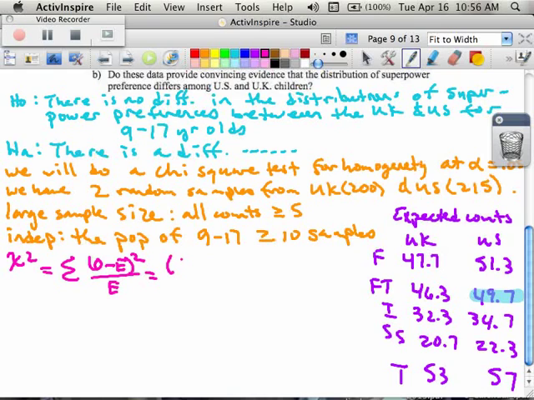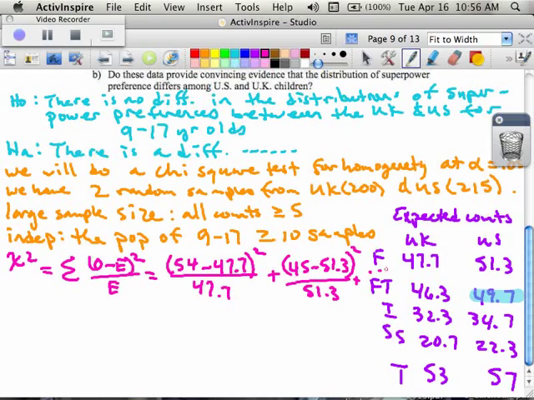So you would start out with 54, which was your observed, minus that 47.7, which is over there, squared, all over the 47.7. And then the next one would be the 45 minus that 51.3 squared, all over the 51.3.